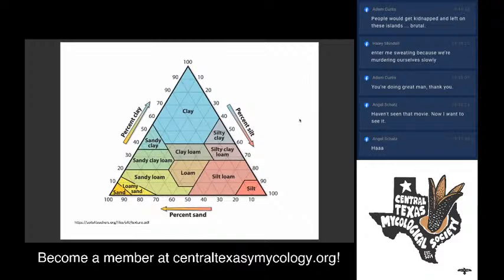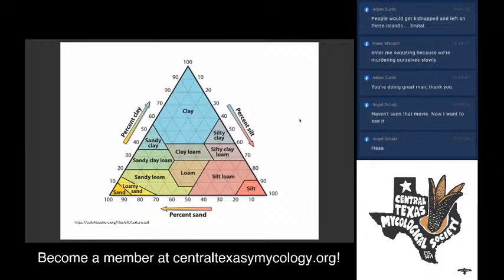Anyway, so this image is just how we tell what kind of soil we have, a real quick and easy test. How you tell what kind of soil you have based upon this chart is by a ratio of the different particles.